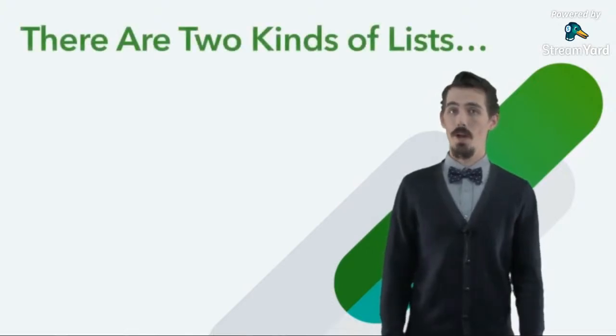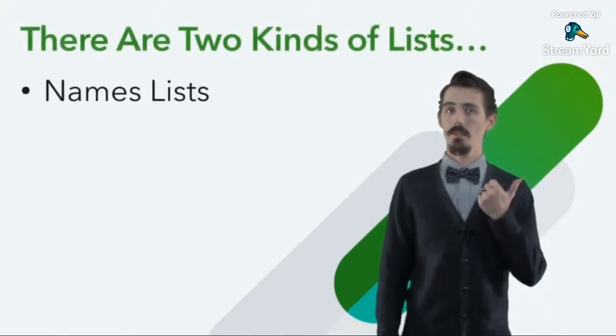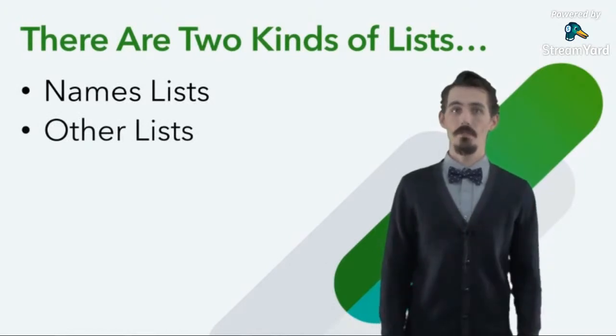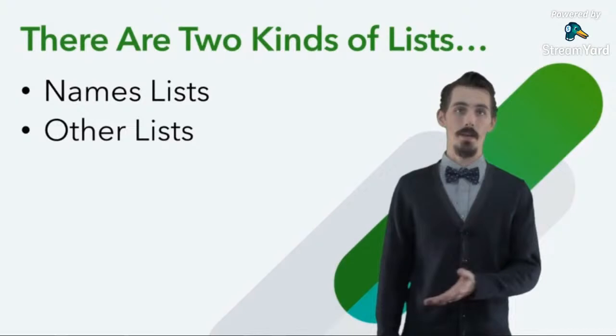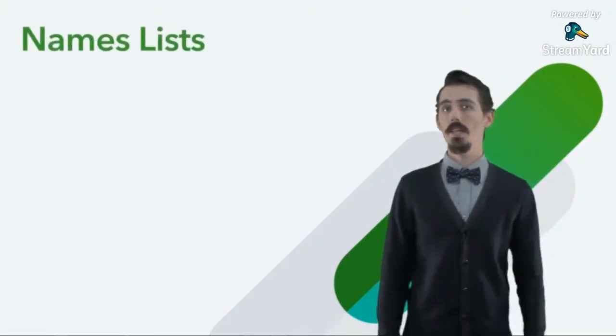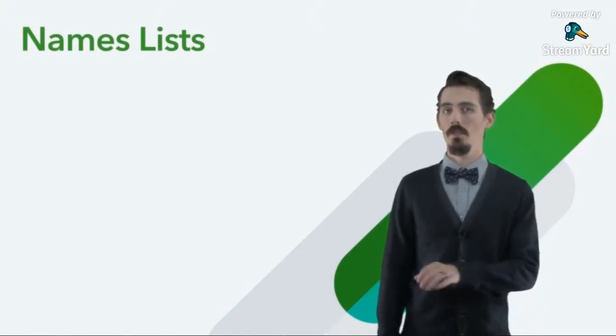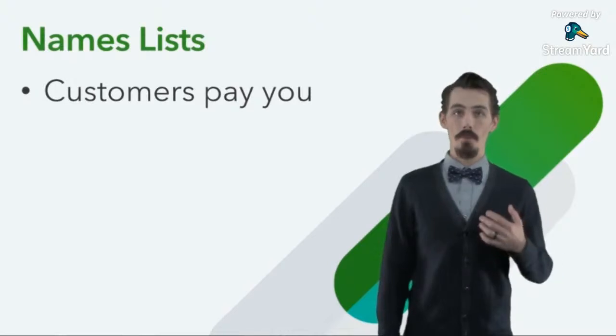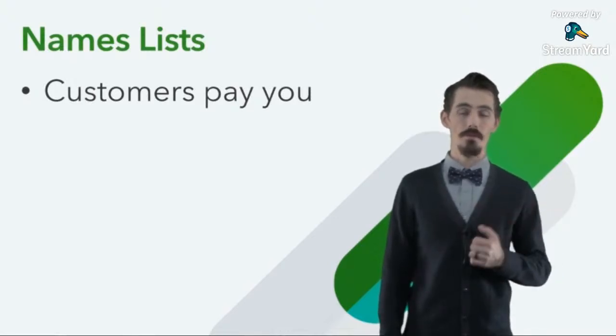Lists come in two varieties: names lists and other lists. Let's talk about the differences and similarities between these types of lists. Names lists help you organize the names of your customers, vendors, and employees. Customers are people and businesses that pay you for your products and services.